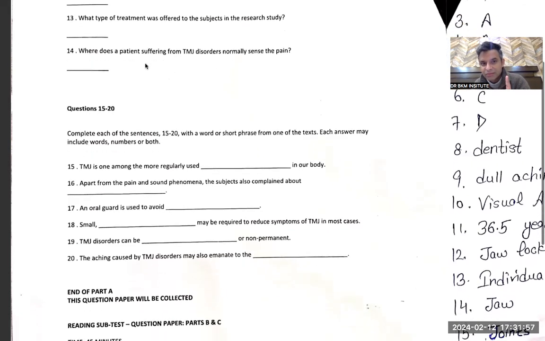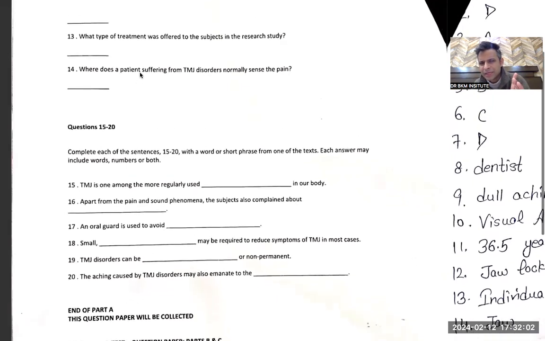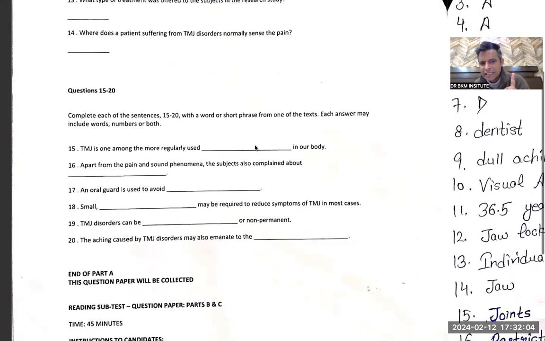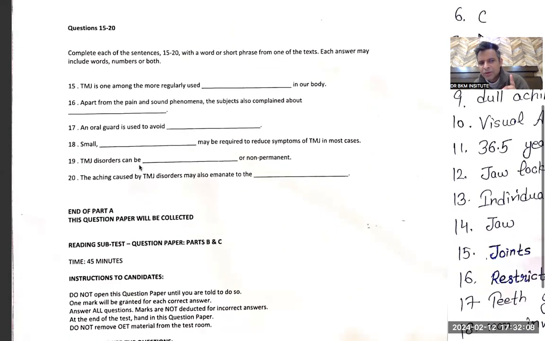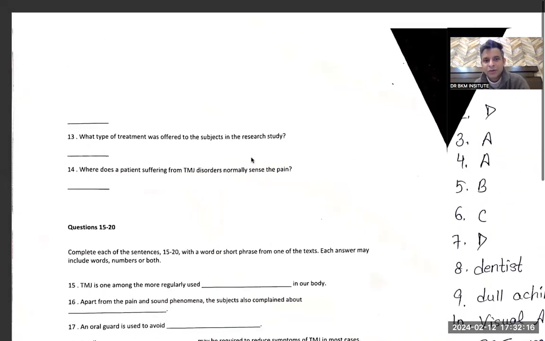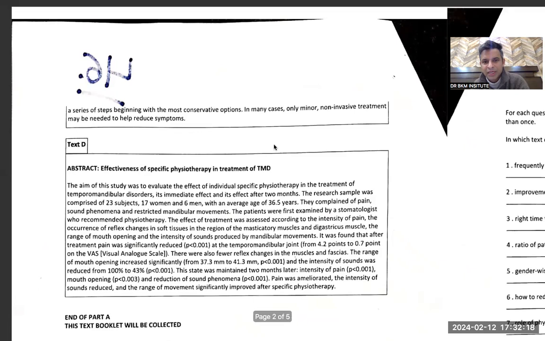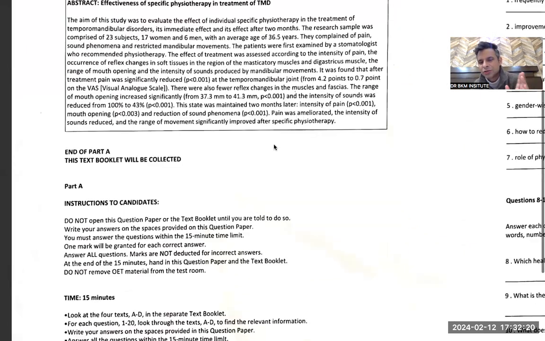TMJ, sense the pain. Where does it feel it? In the jaw. Maybe we did this, sense the pain. Probably we have done it. Easy, easy. TMJ disorders can be dash, permanent or non-permanent, reversible or irreversible. So when they have given the word non-permanent, non-permanent means irreversible, so reversible should be my answer anyhow.